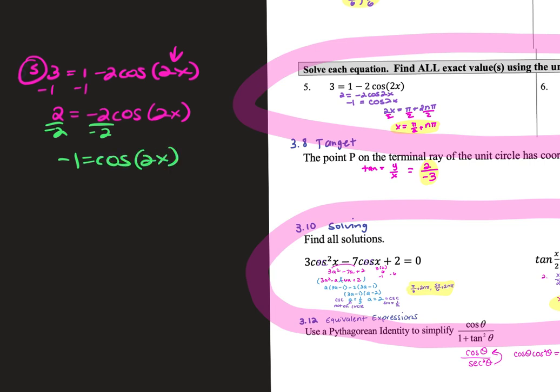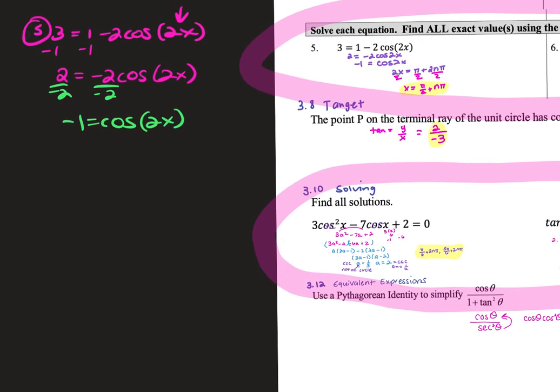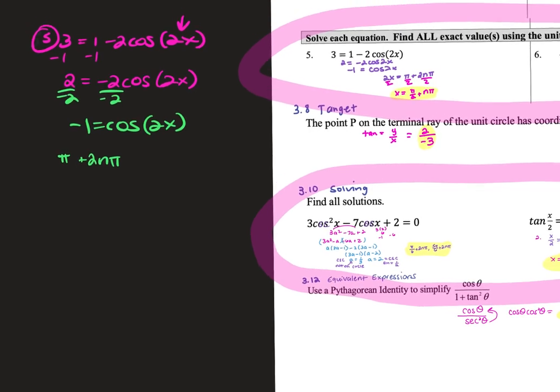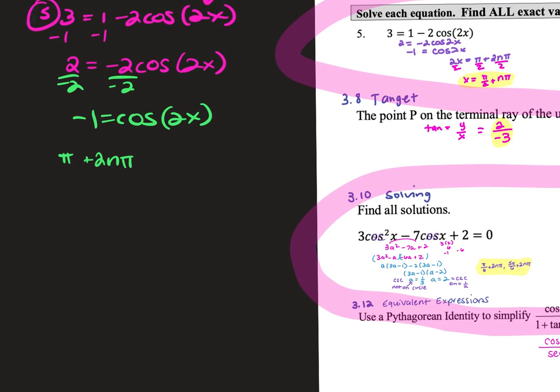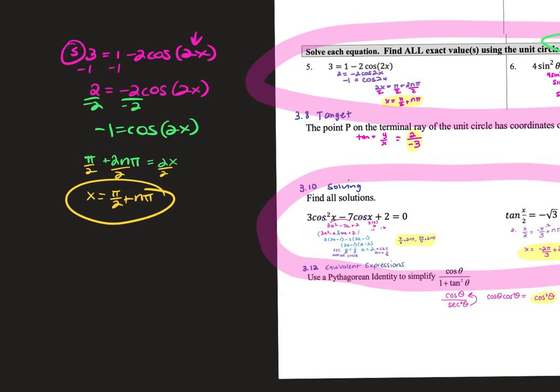Now I need to find where cosine is -1 on the circle, and cosine is -1 at pi plus 2n pi. There's no interval, which is one of the reasons why we add that on there, but also because 2x equals that. So now I divide everything by 2, and I get x equals pi over 2 plus n pi. And that's the solution.